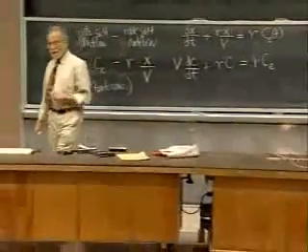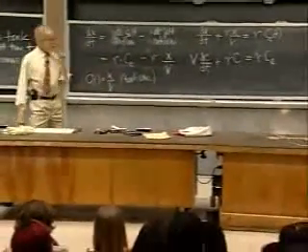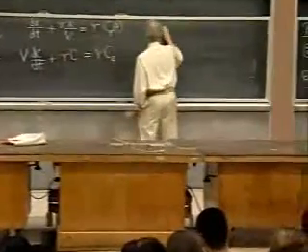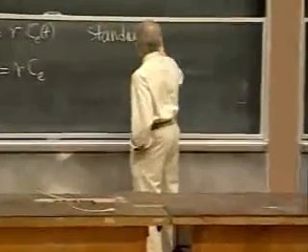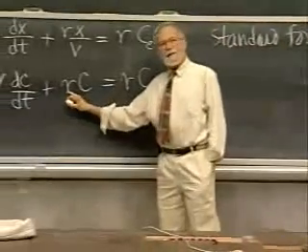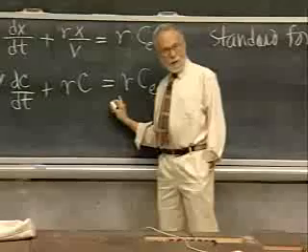You see that? Now, that's not in standard form. Let's put it in standard form. To put it in standard form, I see now that it's not R that's the critical quantity.